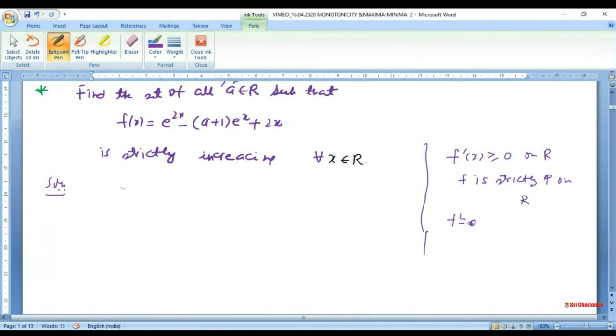So I will take f prime x. f prime x is 2 e to the power 2x minus (a plus 1) e to the power x plus 2. Now I want f prime x to be greater than or equal to 0 for each x that belongs to R. I want those a.